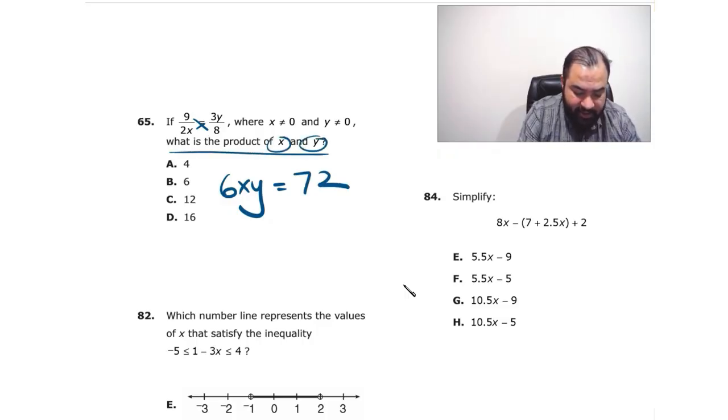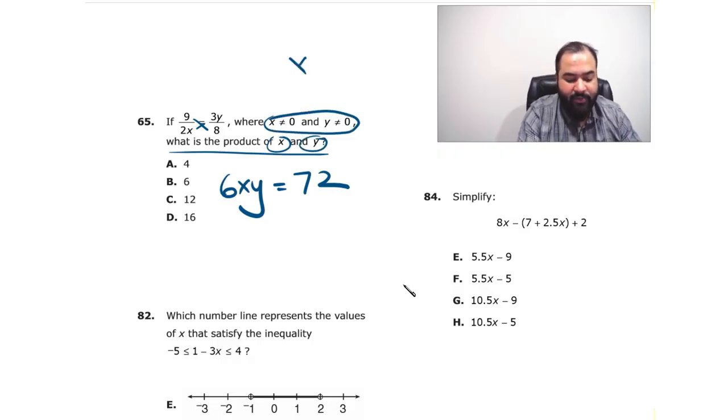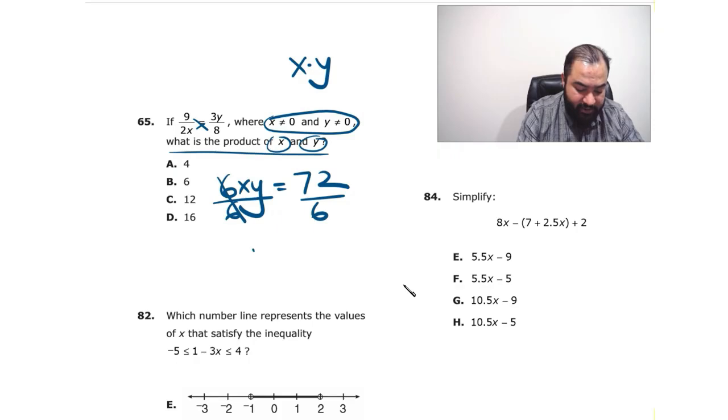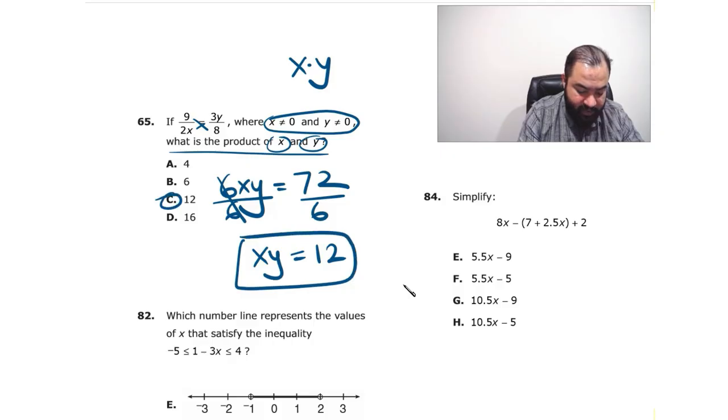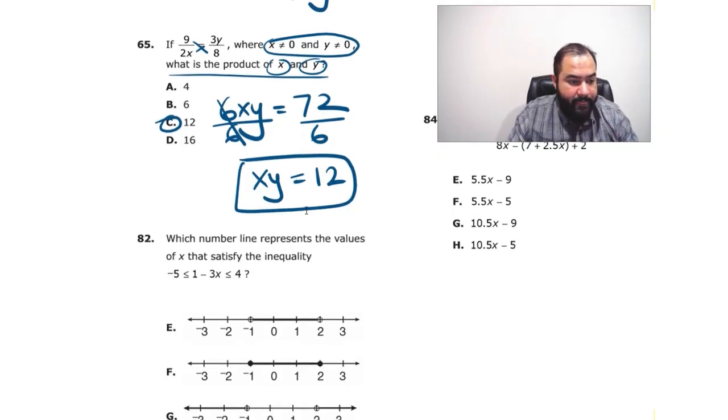They said x cannot be 0, y cannot be 0. This is just an extra piece of info, don't worry about it. They just want the product of x and y, which means x times y. So here I have xy. Let's divide both sides by 6. So I get xy equal to 12. That's the answer. Simple.